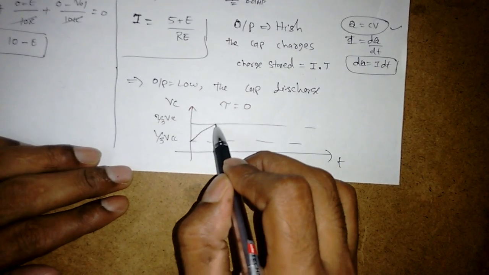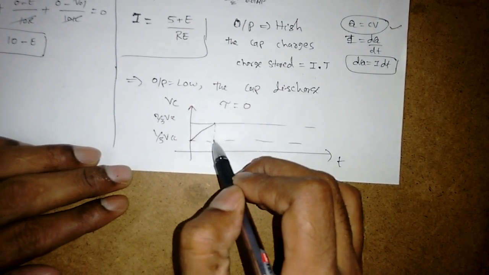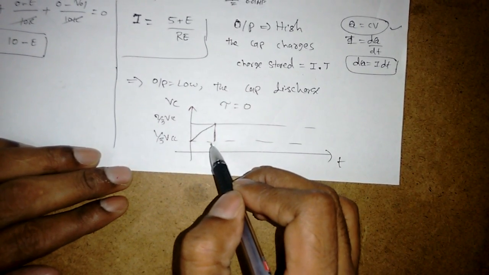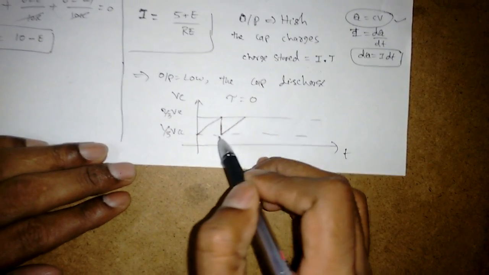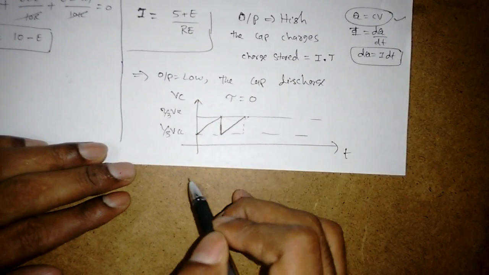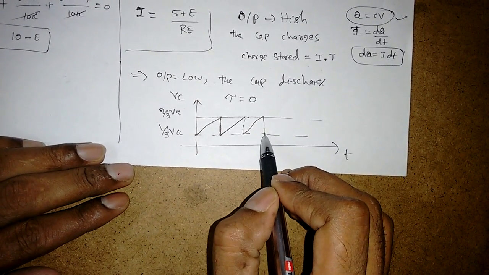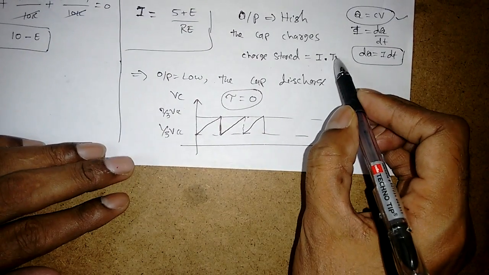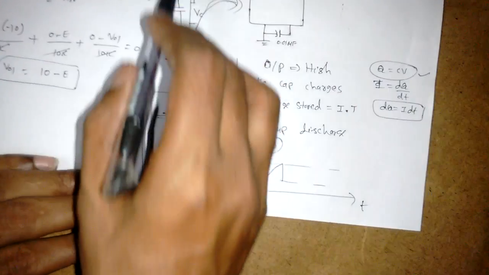So it is charging with I into T. Now the moment it discharges, it will quickly discharge to 1 by third VCC. Again when the output is high, it charges. Again output is low, then it discharges like this, charges, discharges. So the discharge time constant is very small. The charging time constant is high because there is RE and C in the charging path.